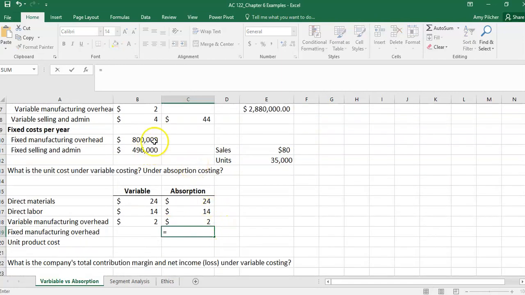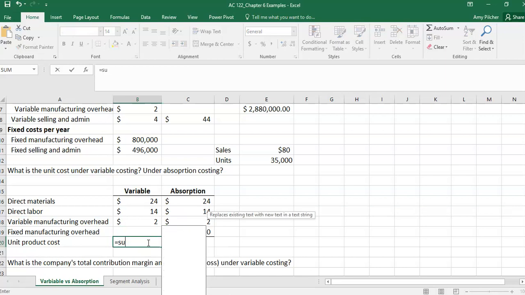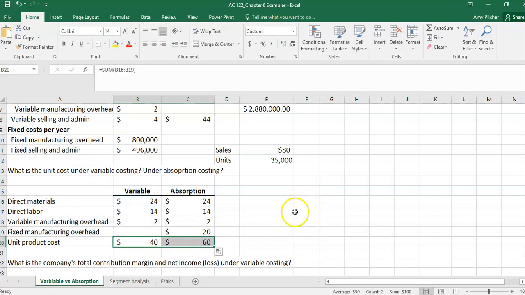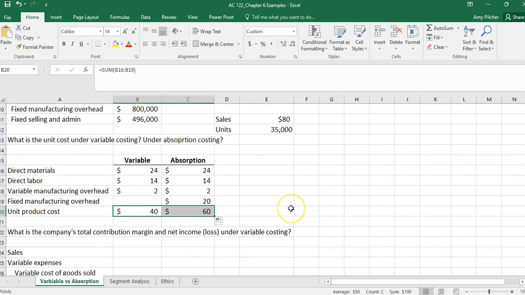So we'll take 800,000 divided by 40,000 units to get a fixed manufacturing overhead per unit amount of $20 per unit. So if we add up all of our costs under each method, we get a unit product cost of $40 under variable costing and $60 under absorption costing, with that only difference being the fixed manufacturing overhead cost.